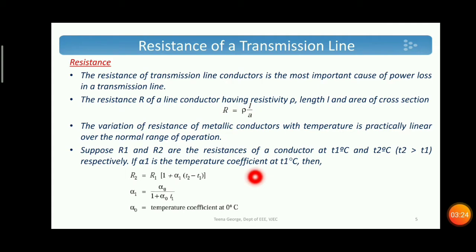The relation with temperature is given as R2 equal to R1 into 1 plus alpha 1 into T2 minus T1, where alpha 1 equal to alpha 0 by 1 plus alpha 0 T1. Alpha 0 is the temperature coefficient at 0 degree. Alpha 1 is the temperature coefficient at T1 degree Celsius. R2 is the new value of resistance at T2 degree Celsius.